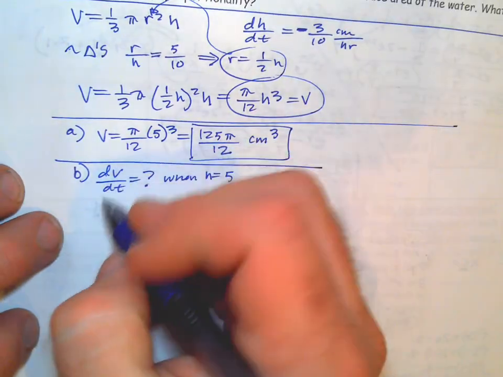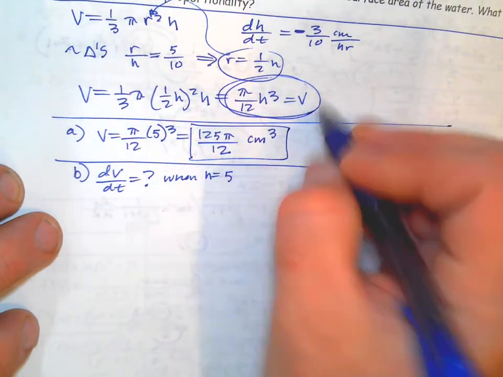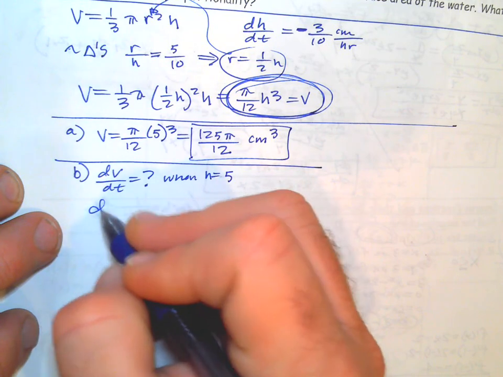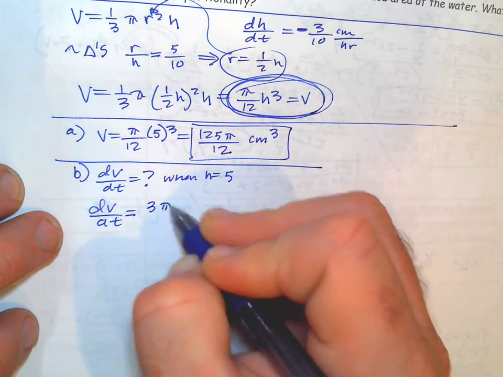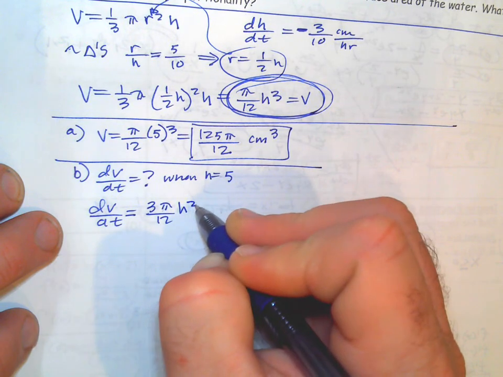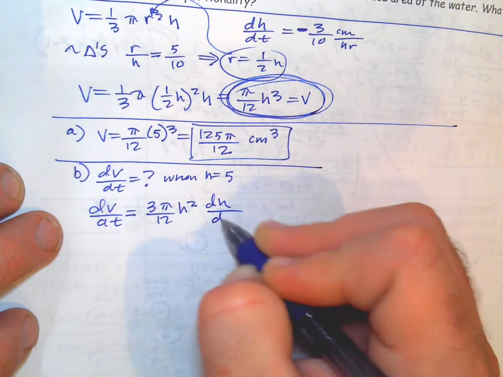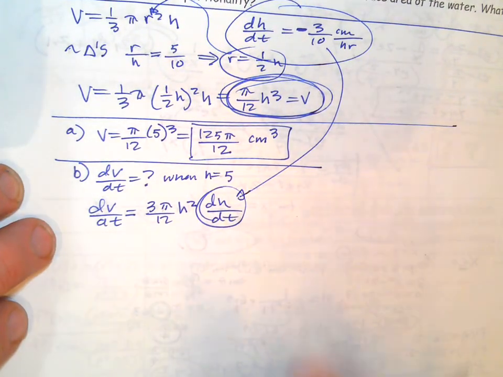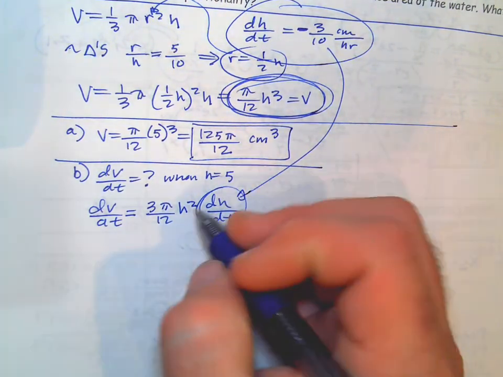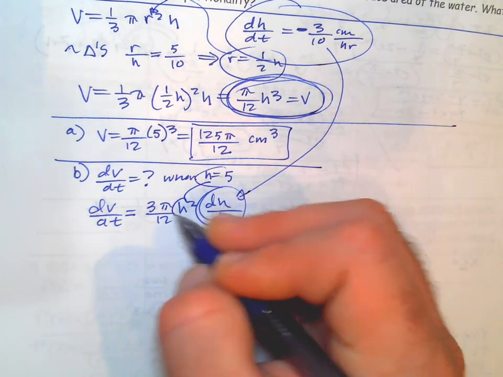Okay, so we've got to take the derivative of our new volume formula with all h's. dV/dt equals 3 pi over 12 h squared dh/dt. They gave us dh/dt, so hopefully we use it at some point. H is 5, right?